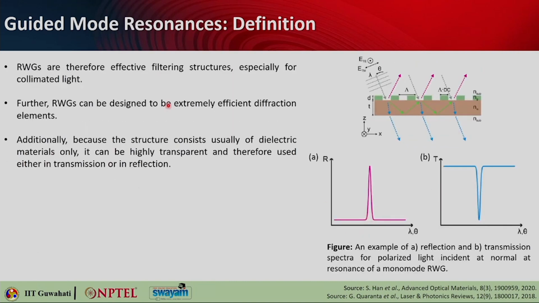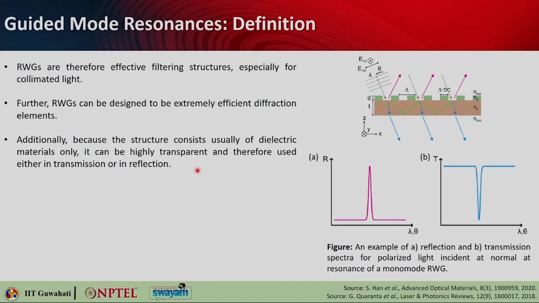So, it is clear that these RWGs or GMRs are very good at filtering, okay, especially for collimated light, they are very good filters, and they can be designed to be extremely efficient diffraction elements, okay, and the structures usually consist of all dielectric materials.